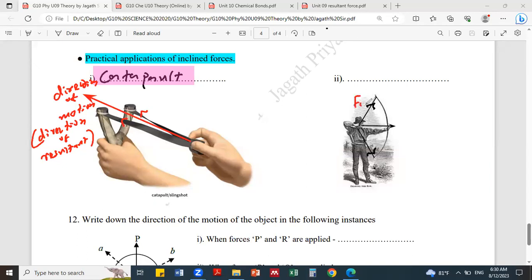So I put F1 and F2. Then the resultant is this. That is the direction of the motion of the arrow. This is the resultant force. So the arrowhead is moving along the resultant force.